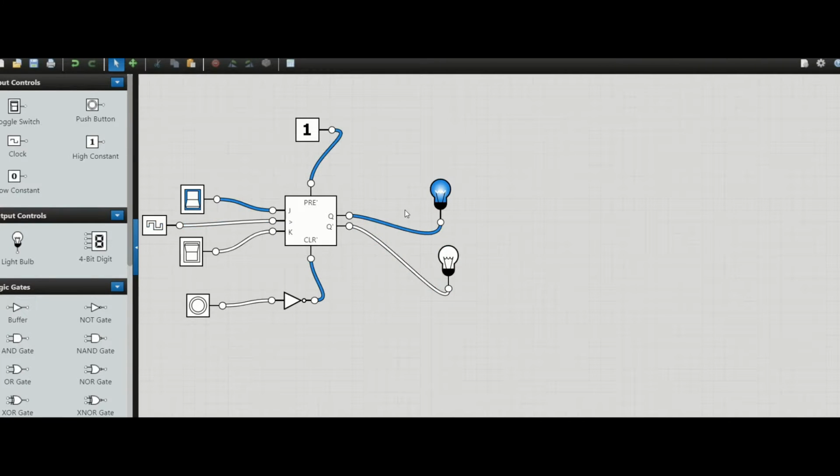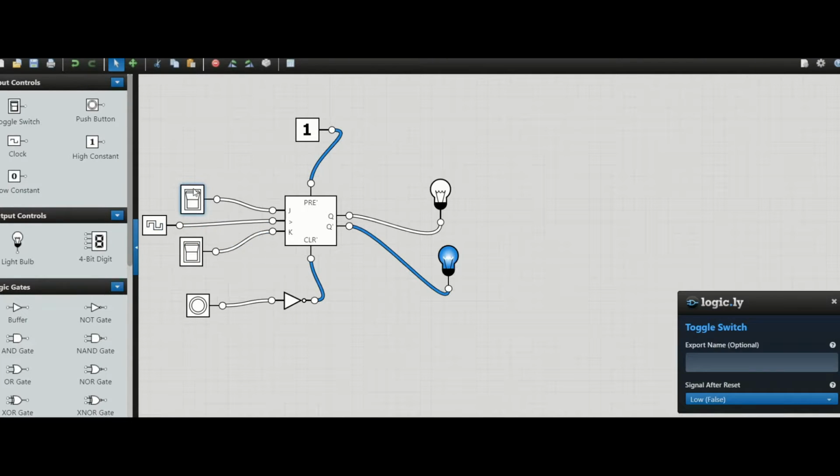Turning on switch 1, the first bulb is glowing. Q is outputting 1. Turning on the second switch, Q dash is outputting 1 and Q is 0. As said in the truth table, when we turn on both, then as the clock signal moves, we have outputs 1 and 0.